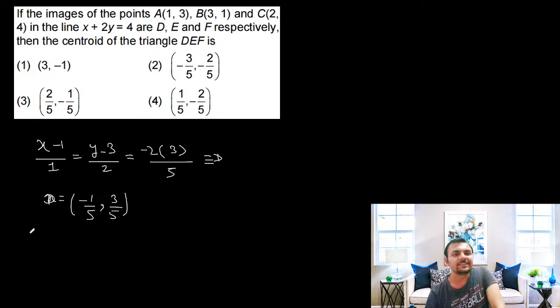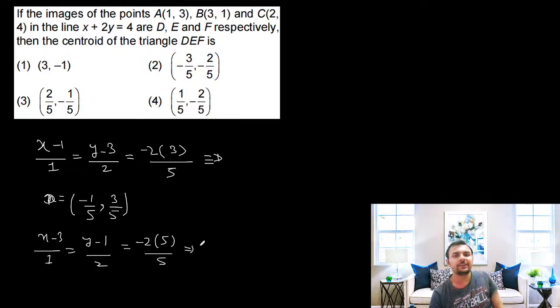Similarly, we'll find (x minus 3) upon 1, (y minus 1) upon 2 equal to minus 2 times of 5 by 5. So from here we'll get E. So E is what? 1, minus 3.